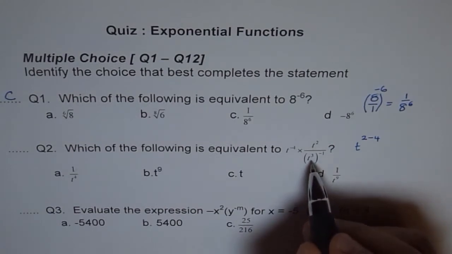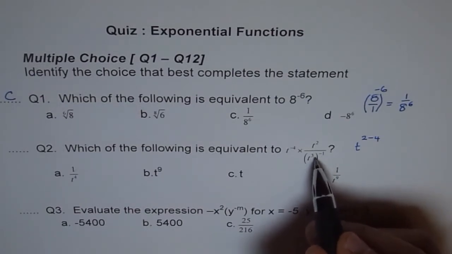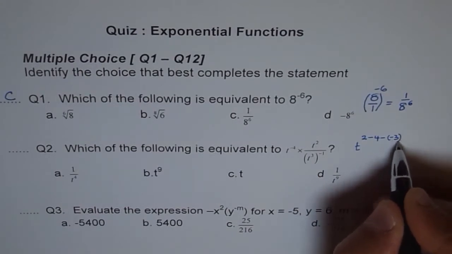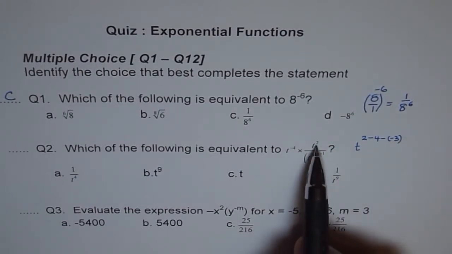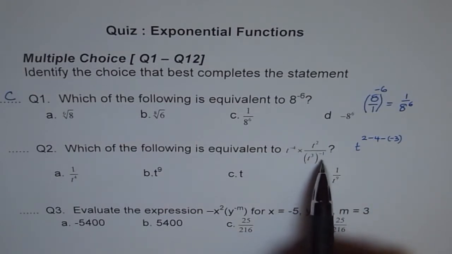And this is in the denominator, therefore it will be minus of whatever it is. When you multiply this, this becomes minus 3, correct? So you should say minus of minus 3. Does it make sense to you? So 2, and then you add this, which is minus 4. And whatever is in the denominator, since it is being divided by, you write minus of that. So that is minus 3, right?